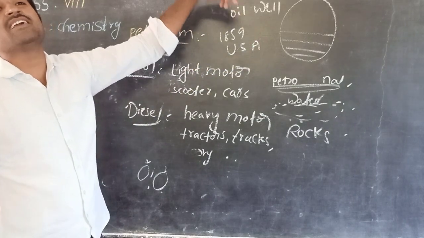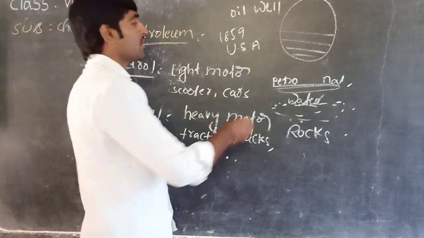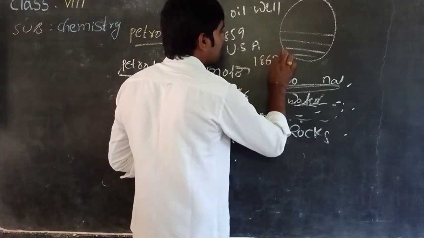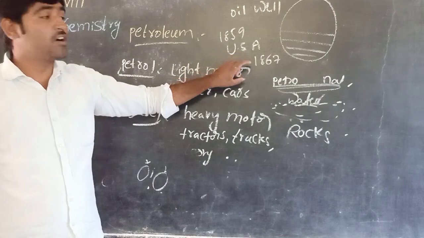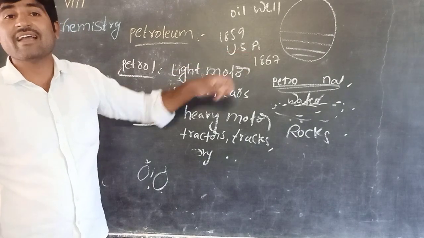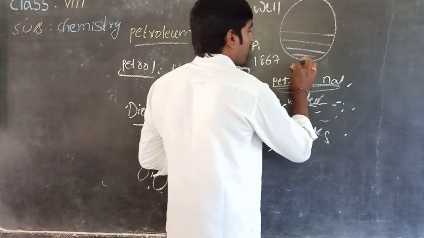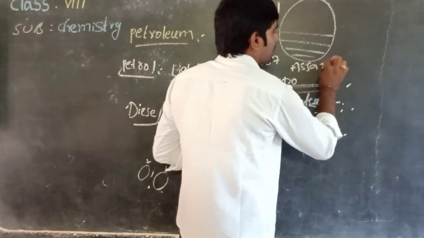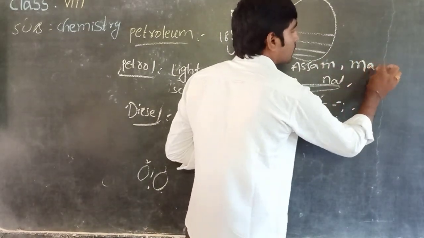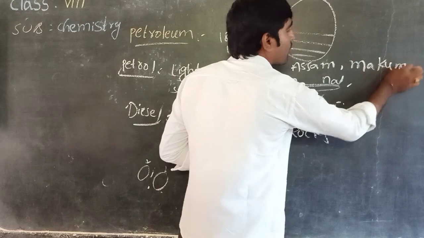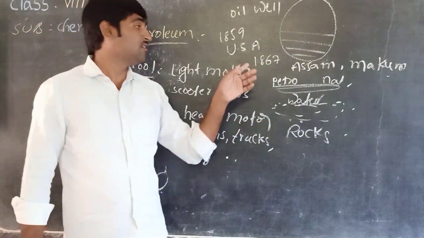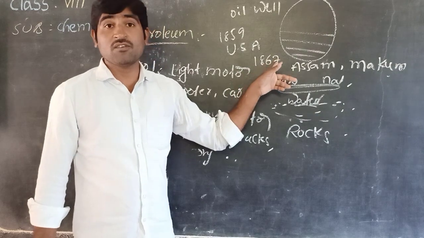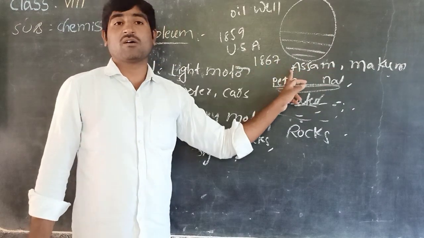After that, 8 years later, in 1867, they found the first oil well in India, in the state of Assam. In Assam, the area is Makum. The first oil well found in India, which year, children? 1867. Where? Makum in Assam.